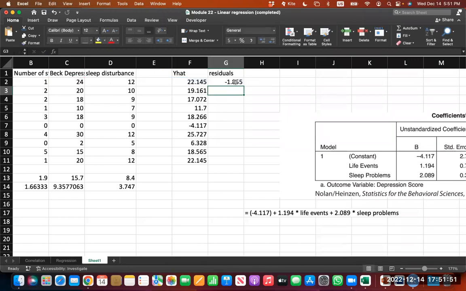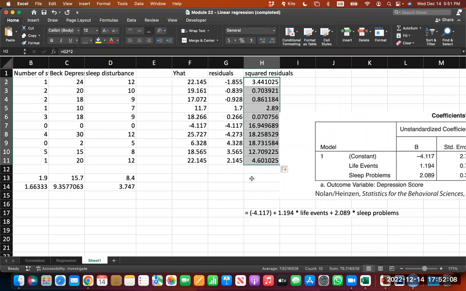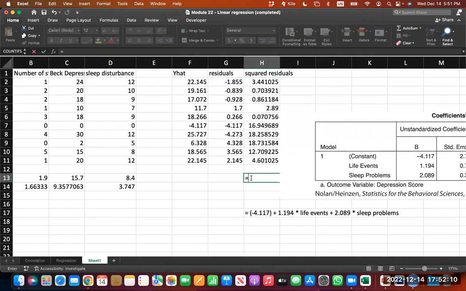We get now a residual which is substantially lower than what we've seen before. And if we are squaring this, so that's the squared residuals, that is basically now our sum of squares. That's the residual error.